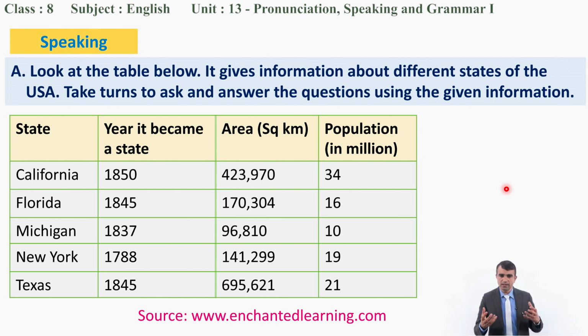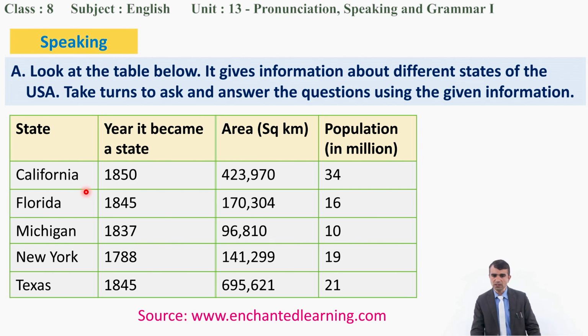Now let's try. Here 5 states are given. How many states are given? 5 states. So that can be one question, isn't it? What are they? California, Florida, Michigan, New York, and Texas.